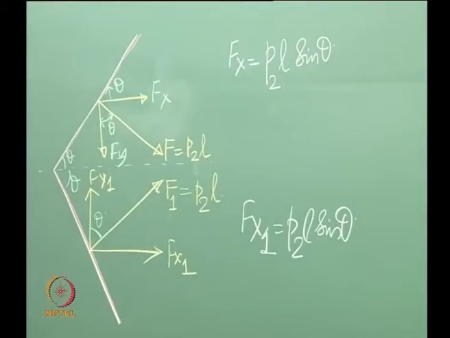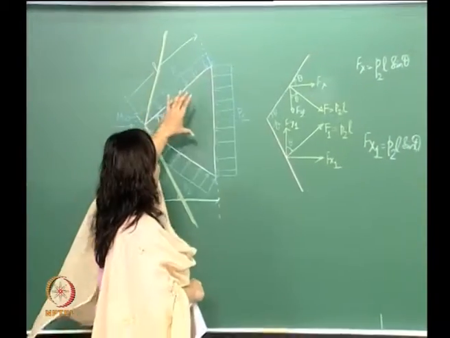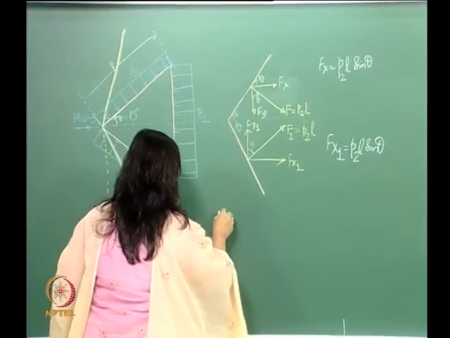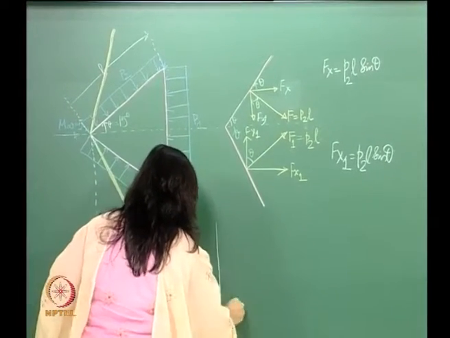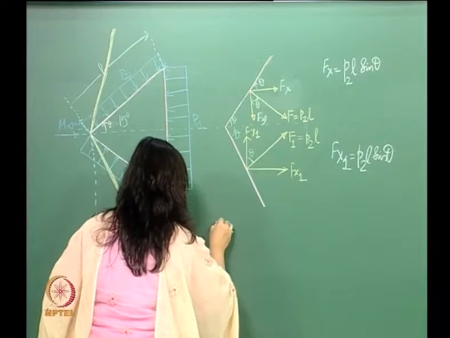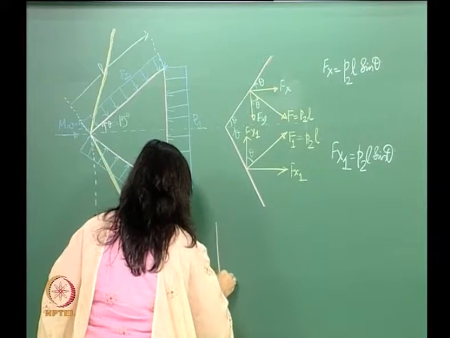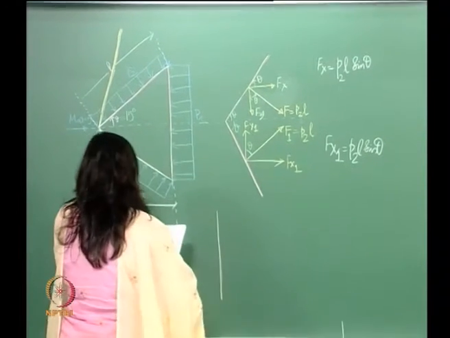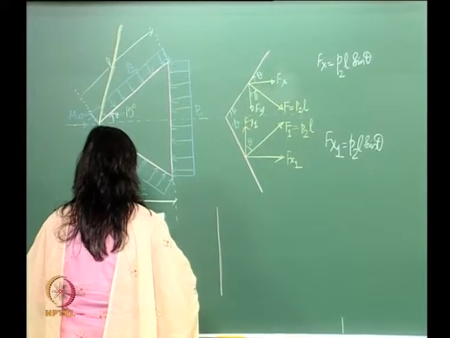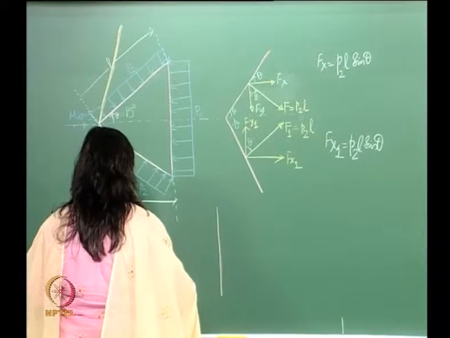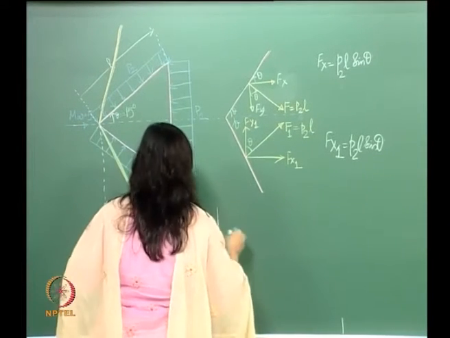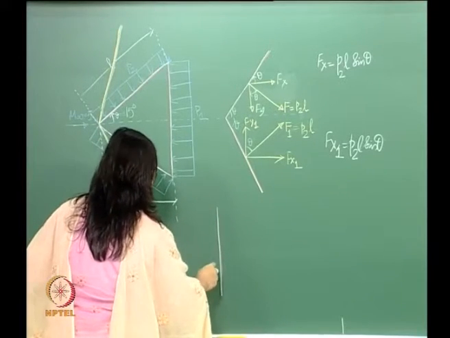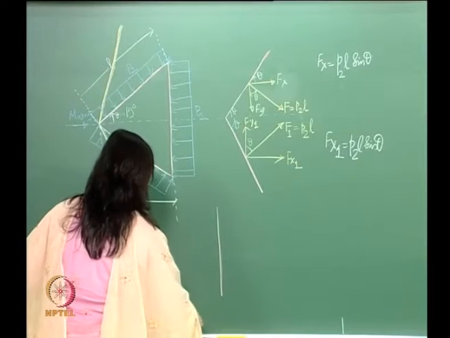Having done that, now let us look at this side over here. So if I look at that side, this is the side. Now we will do a little bit of geometry over here.